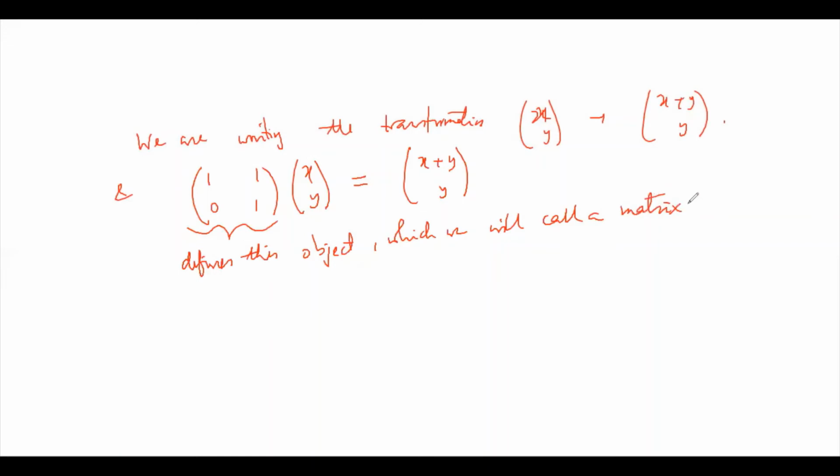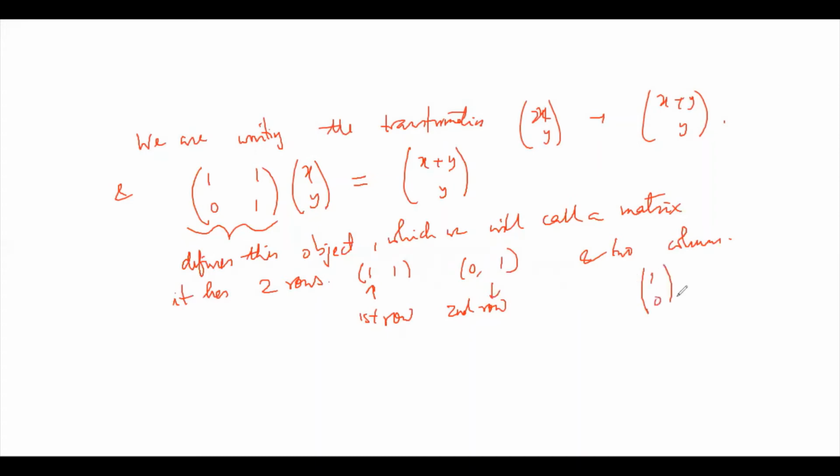It has two rows. One row is 1 1, the other row is 0 1. This is the first row. This is the second row. And two columns. One column is 1 0, the second column is 1 1.